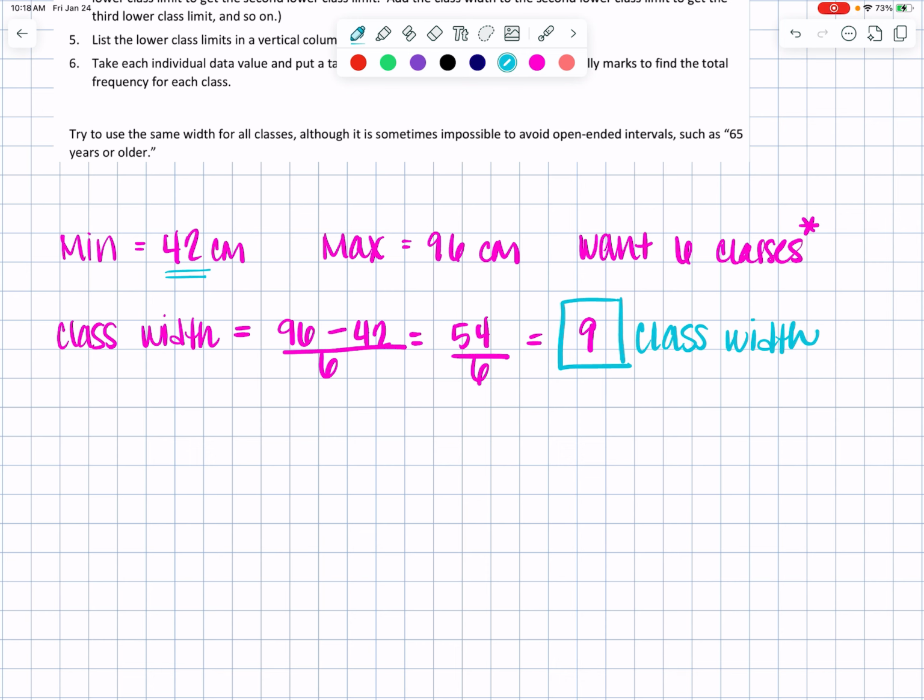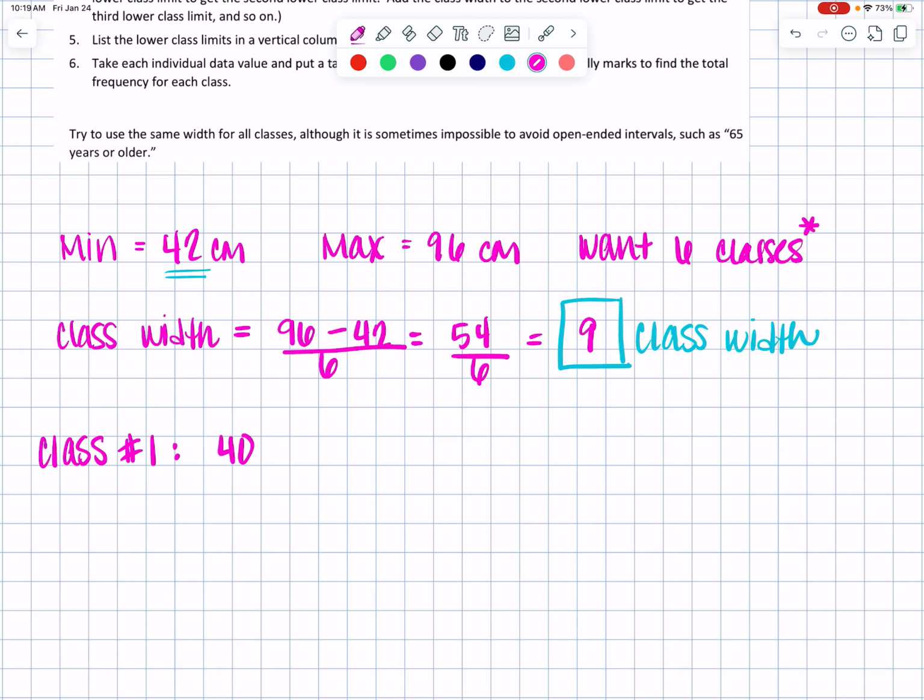I want to contain the 42, so for the sake of easier numbers, I'm going to make my first class start at 40. Because I really like adding with zeros. Now, it's not going to make my life easier in a little bit, but that's okay.